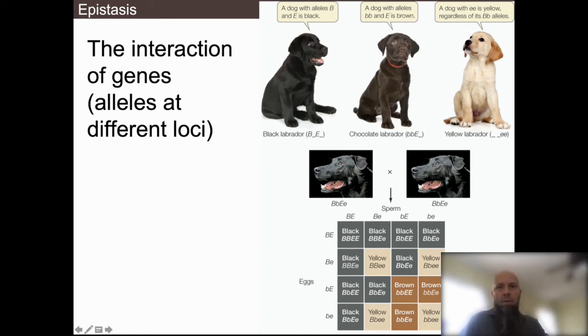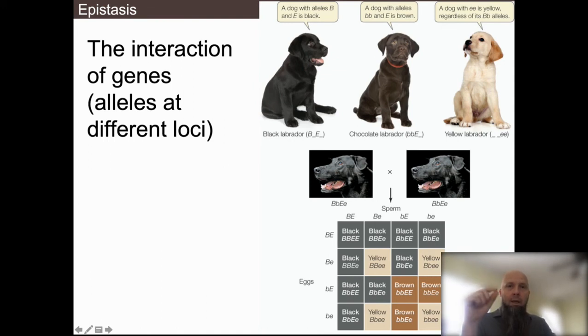The best example that most folks in the Southeast are familiar with is the coloration of Labrador retrievers that can be black, chocolate, or yellow in general. So there's a gene that determines the color that is deposited in the hair follicles, right? And that color can either be black or brown, right?